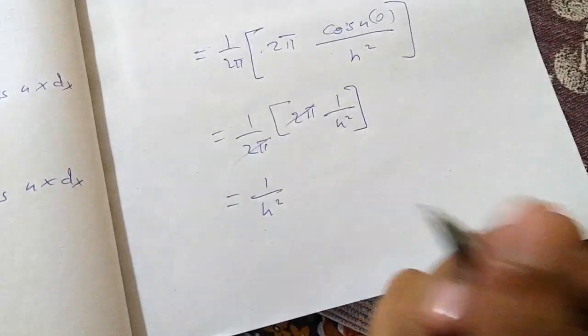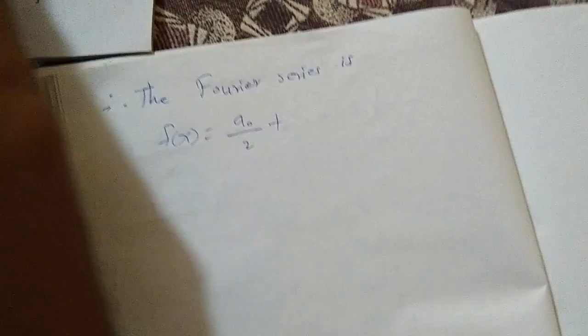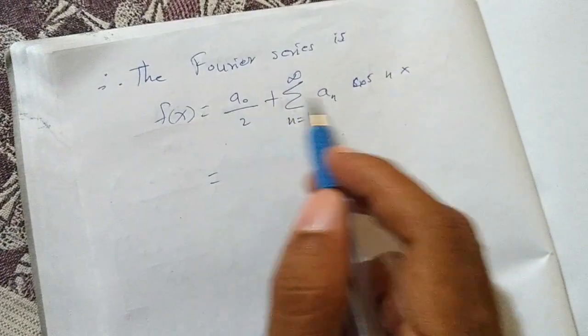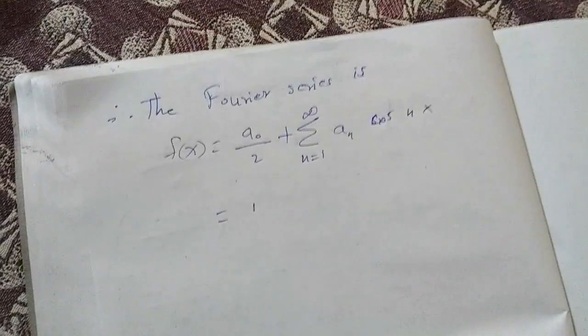And that's the an. And then therefore the Fourier series is a0 by 2 plus, now we have to apply the values for a0 and an. Let's see the value for a0.